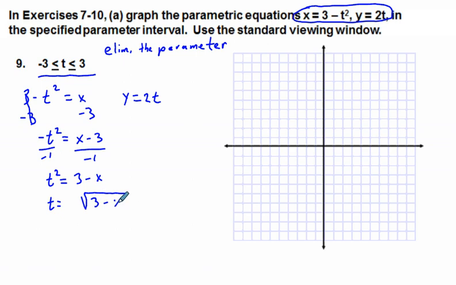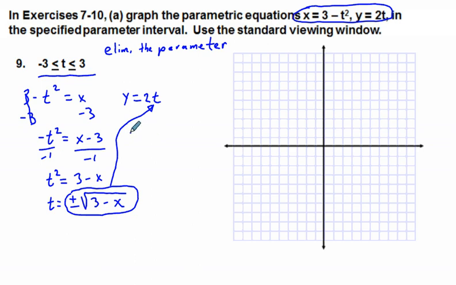Now what do we have to do when we put the square root? We have to make this a plus or minus. So what we do now is we take this plus or minus square root of 3 minus x and replace this t with it.